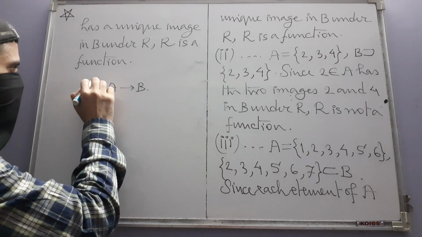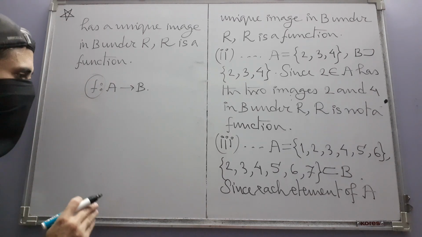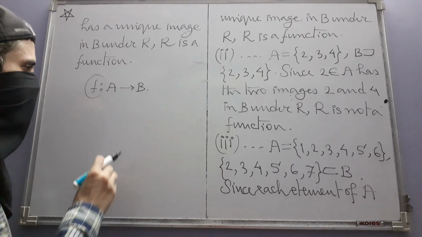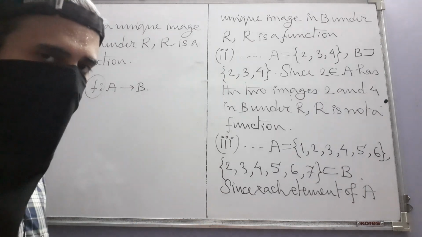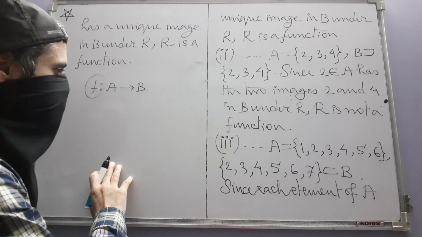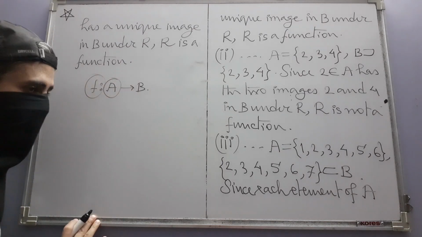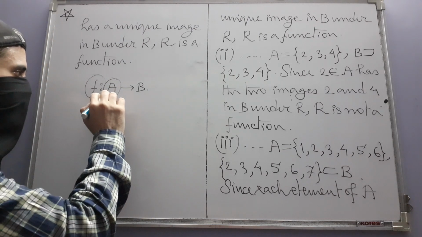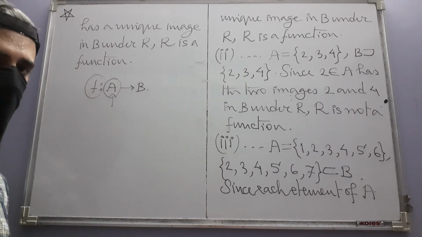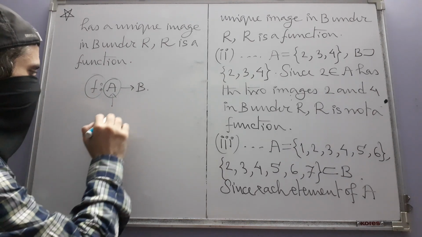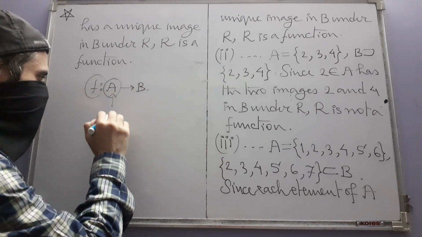You think of a function as a factory or a device in which you give some raw material and it produces some product. A is the warehouse or the godown containing those raw materials. F is the machine.